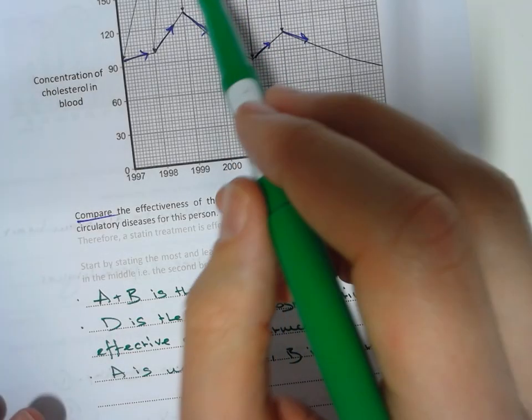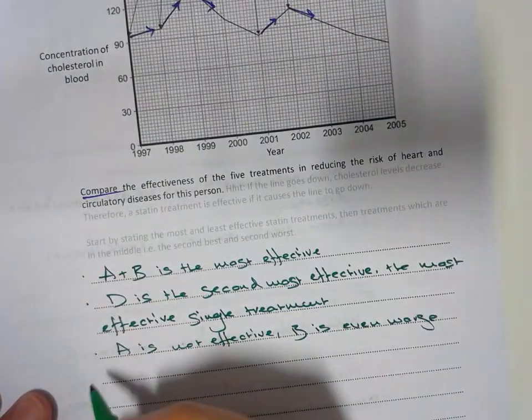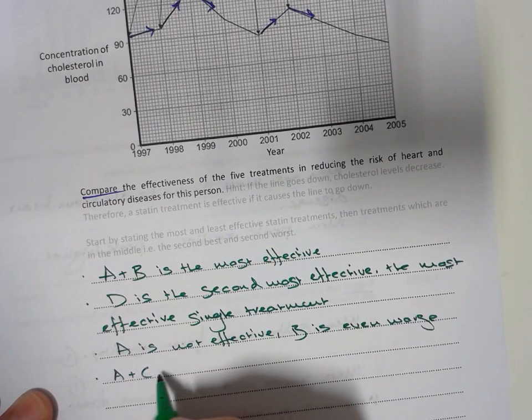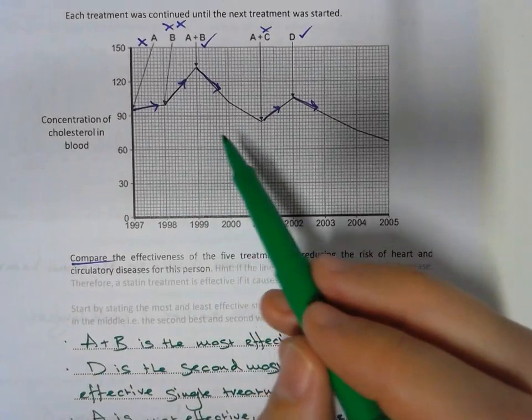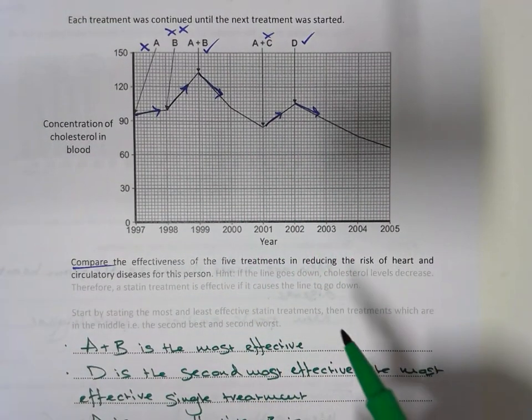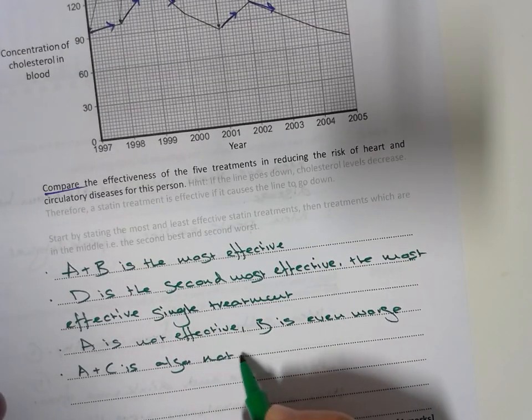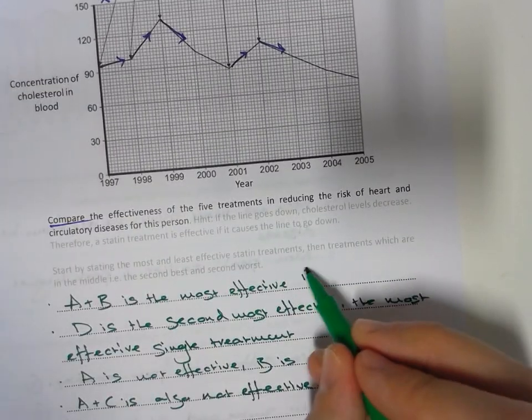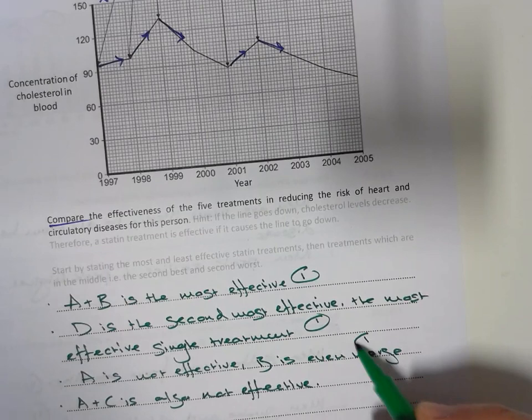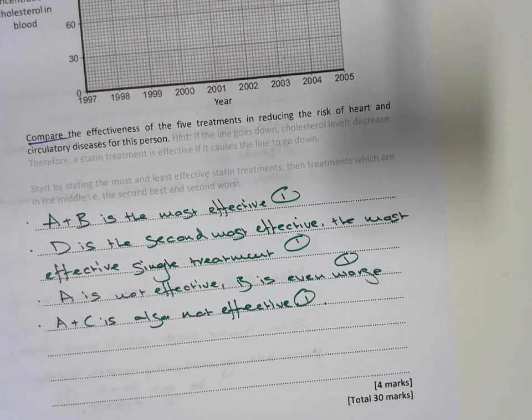And then what other combinations have we got here? We've got A and C. A plus C is also not effective because that's causing concentration to go up. Okay, you get a mark for each of those points. That would give you 4 marks out of 30.